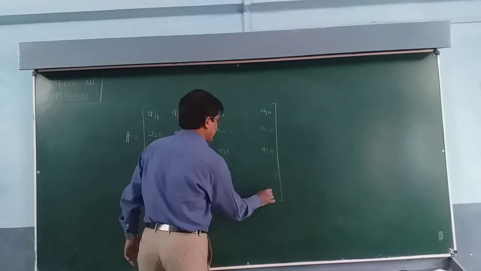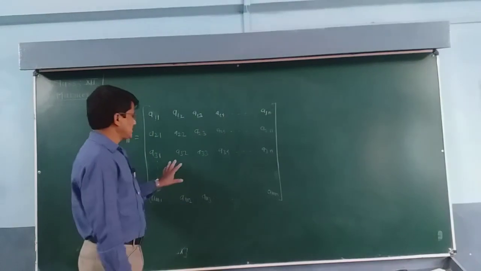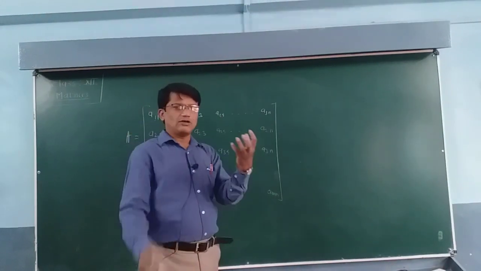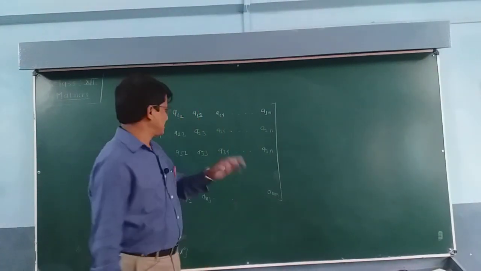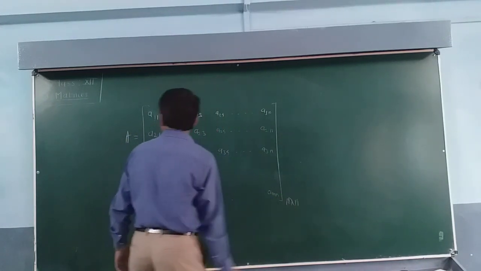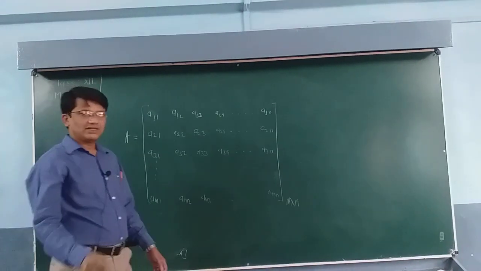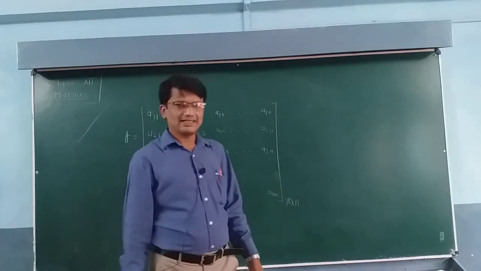The last element is amn. These are the arrangement and position of the elements in a matrix, and the order is m by n. So this is the general definition of a matrix.